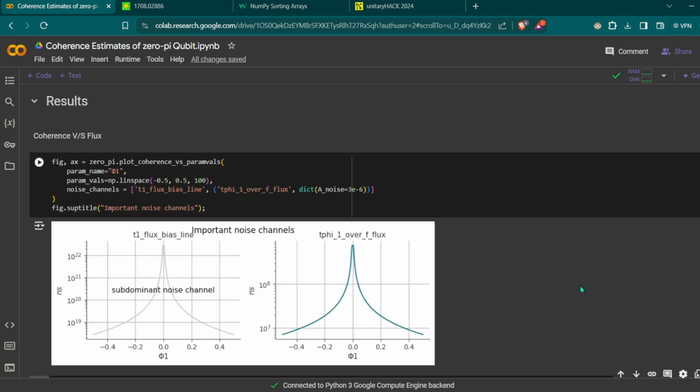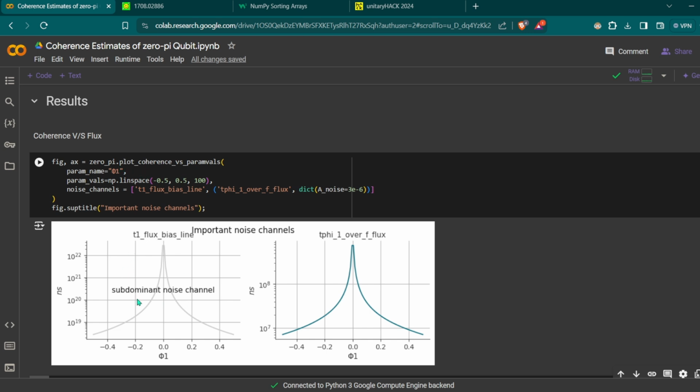Now we are ready to plot the results of our qubit. First of all, we are going to print the results for our coherence versus flux, and for that we mention the plot parameters and methods. You can actually mention what type of noise channels you are going to use for defining the plots for the coherence versus the parameter values, in this case our phi1 or the flux.